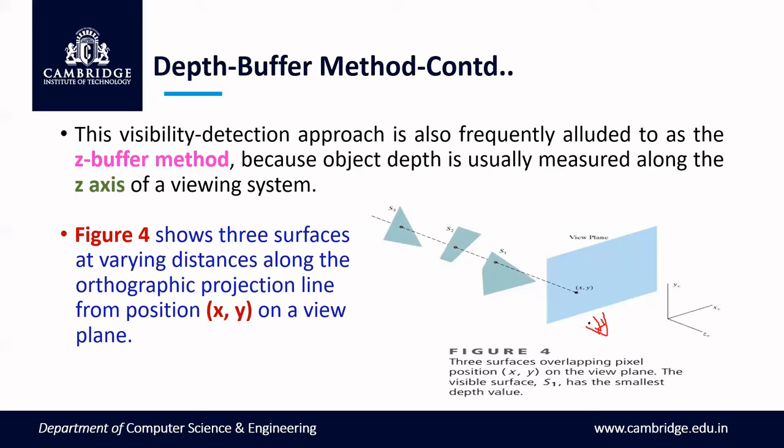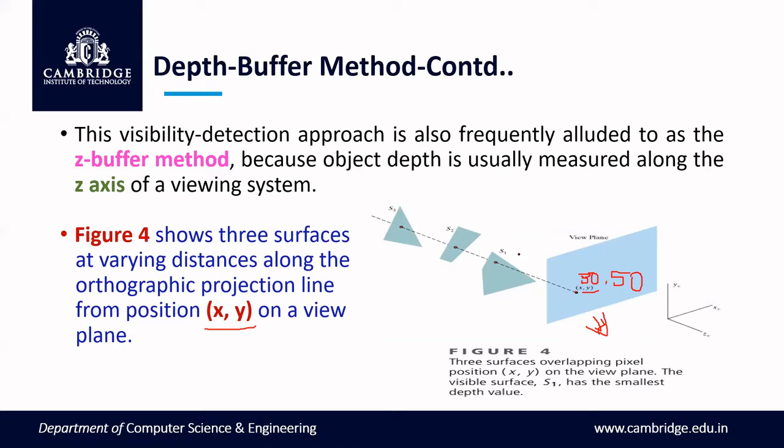Okay, this is my viewing direction. So I can see S1, S2, and S3. Now, how do I identify? This is a position with respect to X and Y. This is my point of X and Y. If this is the X and Y position, let me say this is 30, 50.